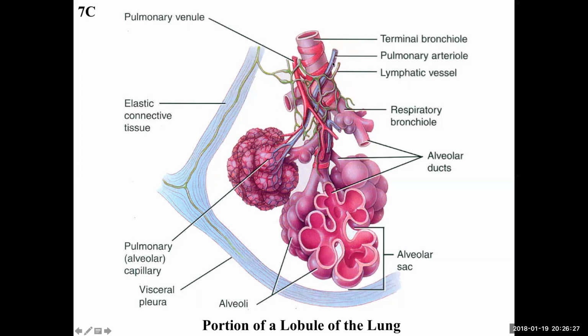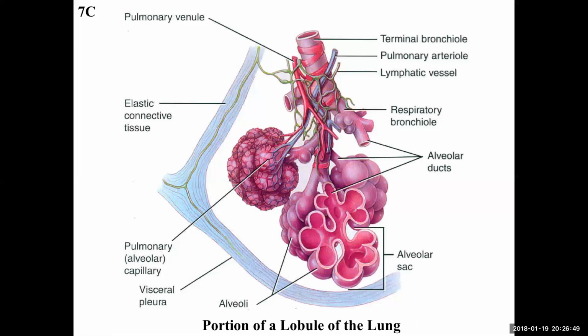The arteriole then will become, as we follow it down into the actual sac structure, which we call the alveolar sacs, the capillary networks. And the capillary network is beneath the alveolar epithelium.